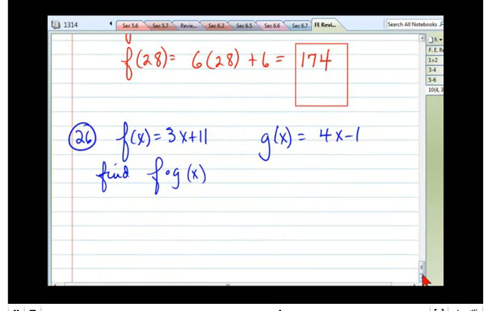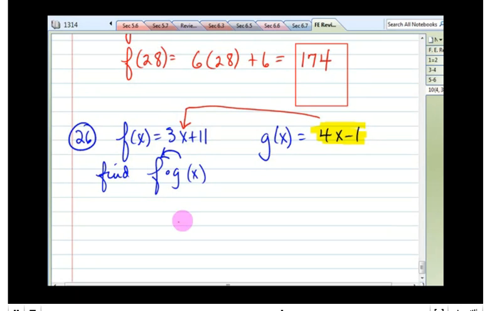Okay, so what does that mean? Which one are we putting into what? G into f, because we always go this way. So this whole thing here is going to go right there.